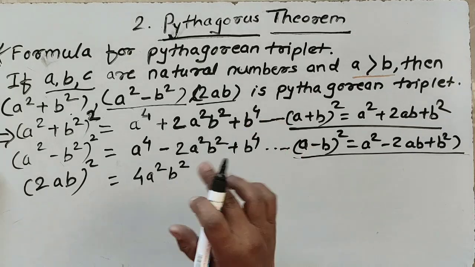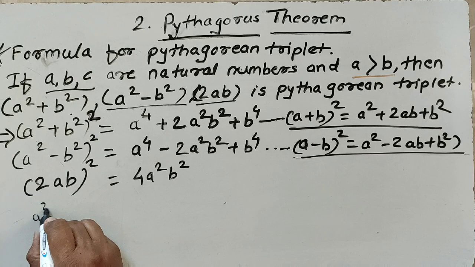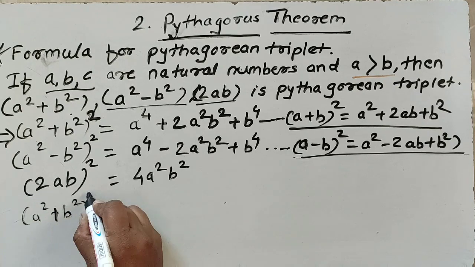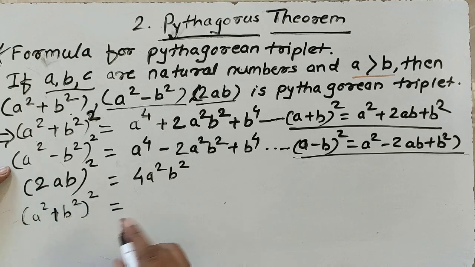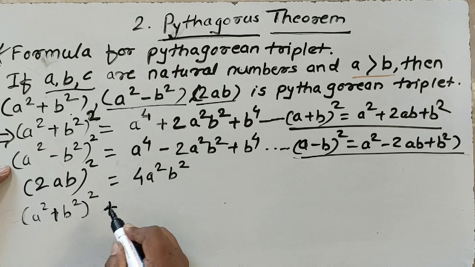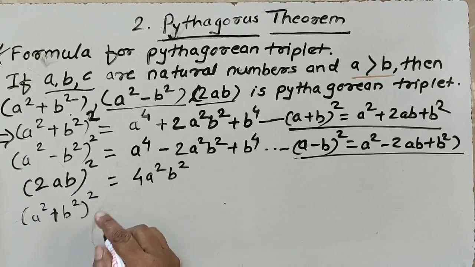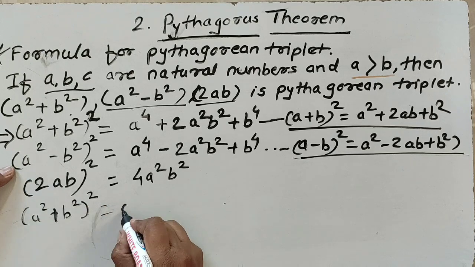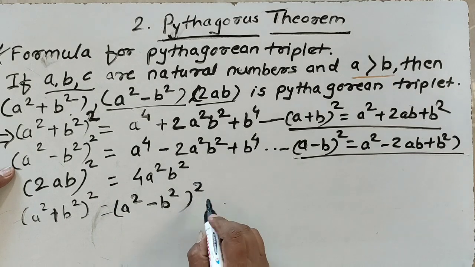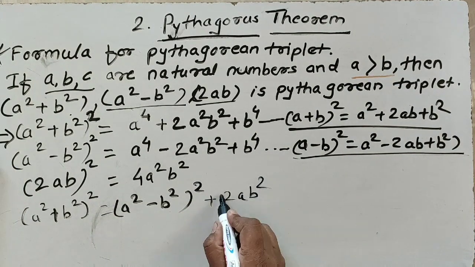Now if you see this is a greater number, that is (a square plus b square) square. If we do the addition of both, then we get it equal to (a square minus b square) bracket square plus (2ab) square.